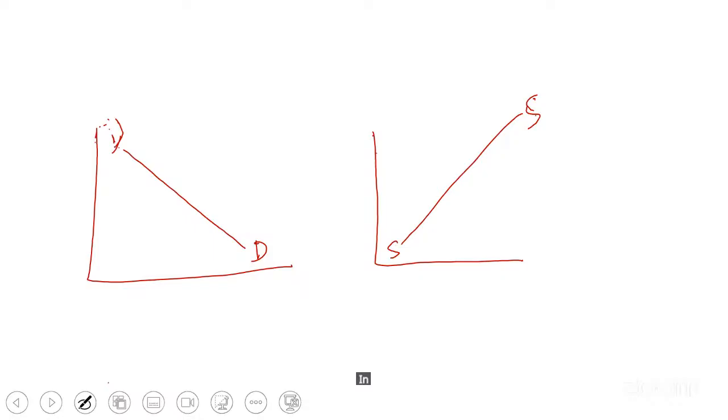In case of demand, downward sloping is what? Expansion of demand. Upward sloping is? Contraction of demand.